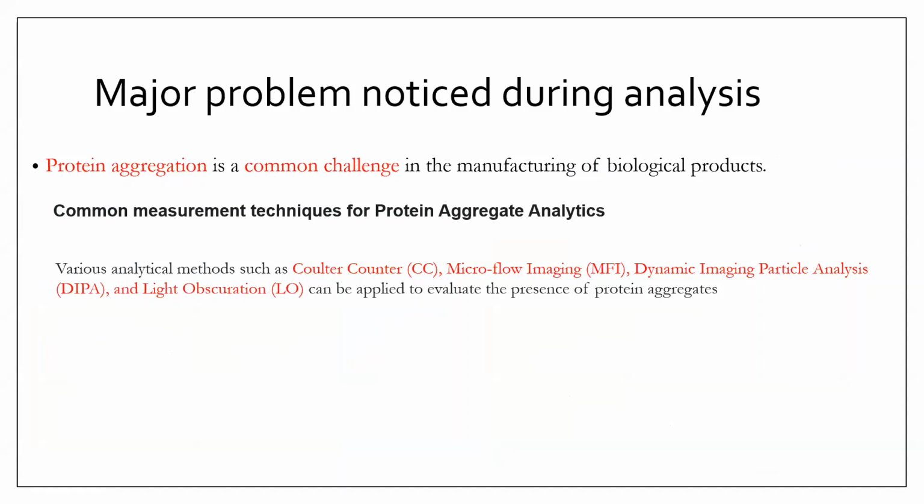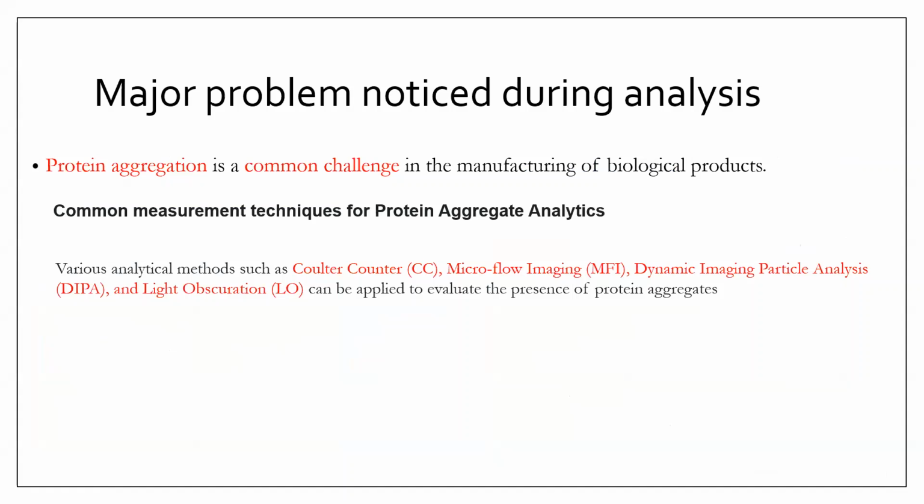In all these protein identification and characterization studies, the major problem noticed during analysis is protein aggregation. Protein aggregation is when a number of proteins get aggregated due to certain types of interactions. We have to measure this, so protein aggregate analysis is also important.